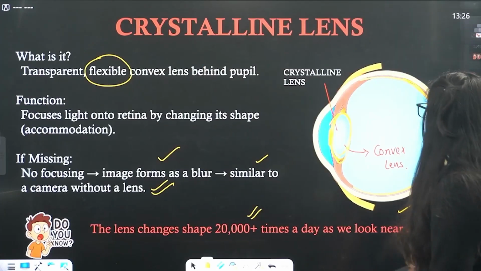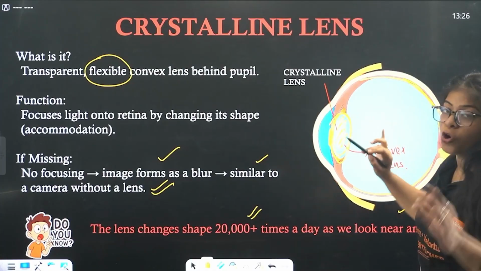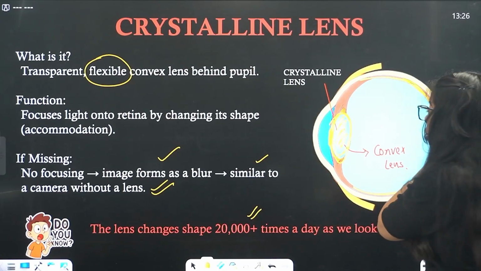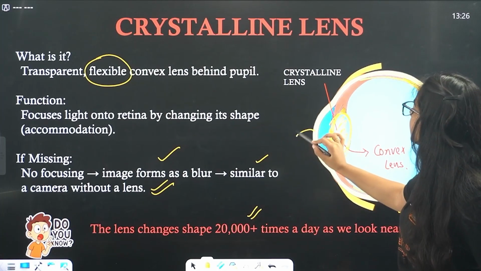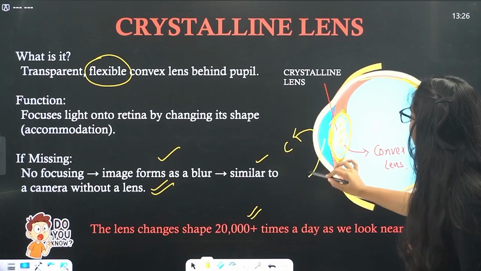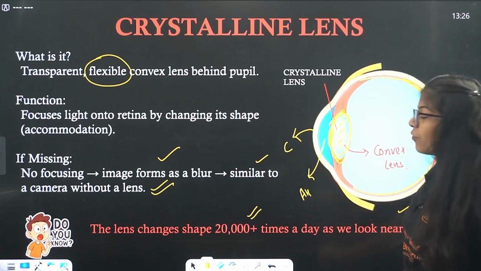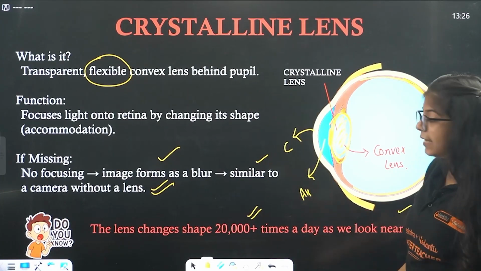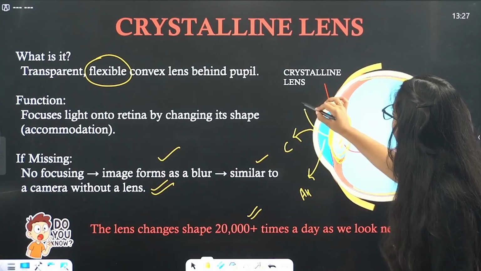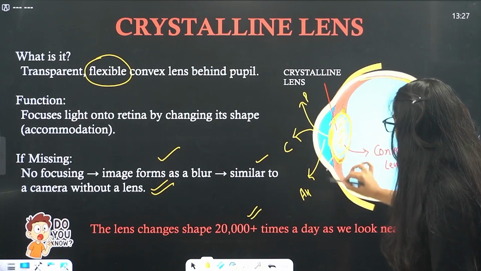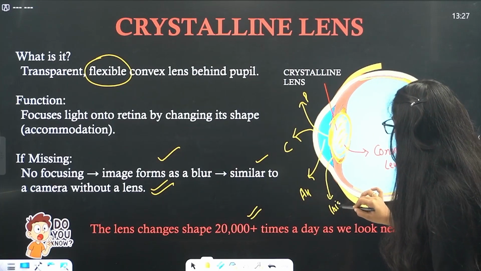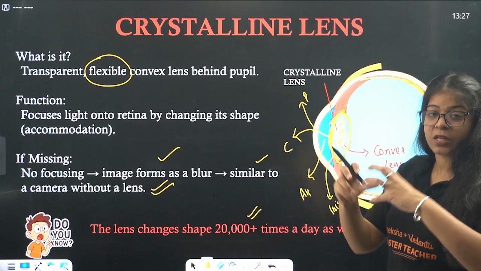Okay, so this was the crystalline lens, this is a convex lens. Understood? So what did we study till now? This is the cornea. This is my aqueous humor, which provides nourishment to the cornea and lens. Then beta, this one is the pupil. This one is the iris. The pupil is the shutter. It closes, it opens.